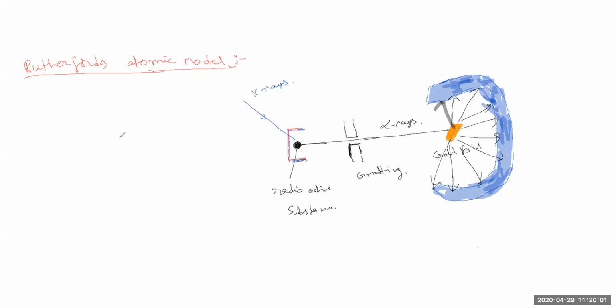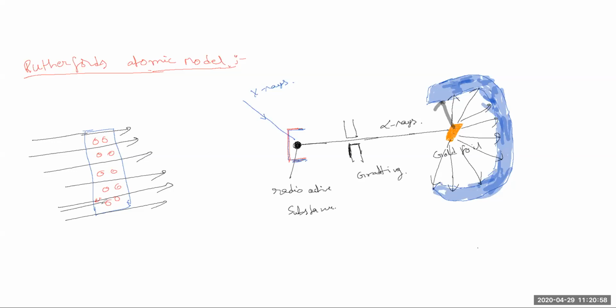Okay, I'm drawing the diagram here. Here, the number of radiations. Try to understand this diagram, the second diagram, what I am trying now.